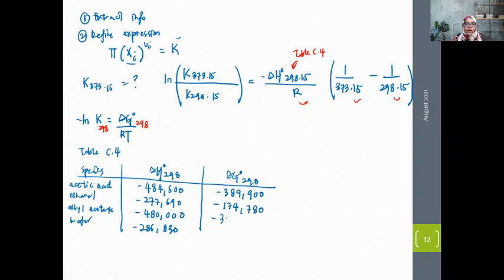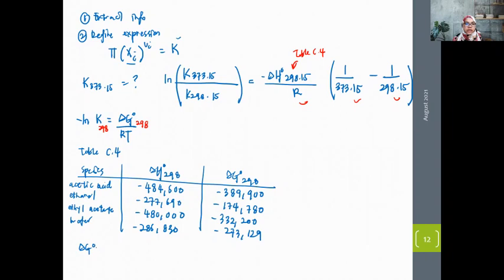We have 303 and also 200, and then we have 273,129. Okay, we start with these values to obtain the equilibrium constant at 298. And next we need to determine the delta G standard for all the species.